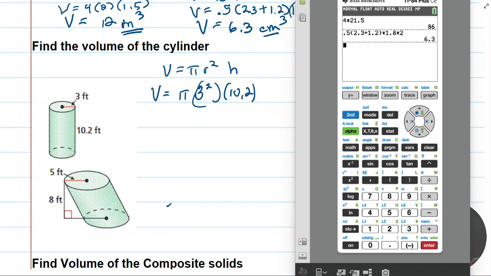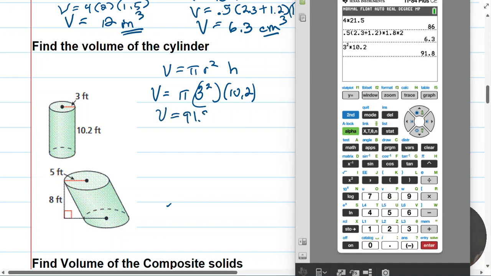Now we're going to keep pi as part of our answer. 3 squared times 10.2. And I get 91 point. Is in feet cubed. And pi. I forgot the pi after I told you I needed it. Thank you very much.